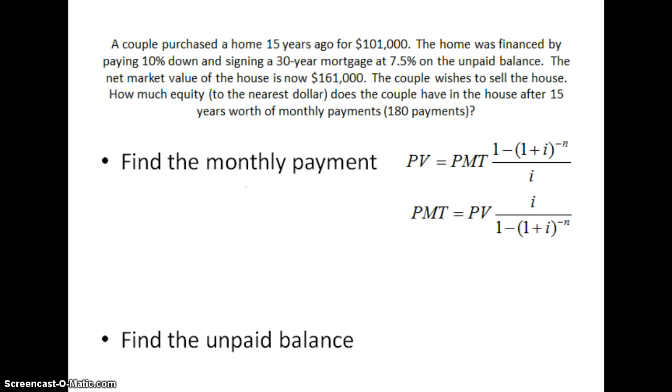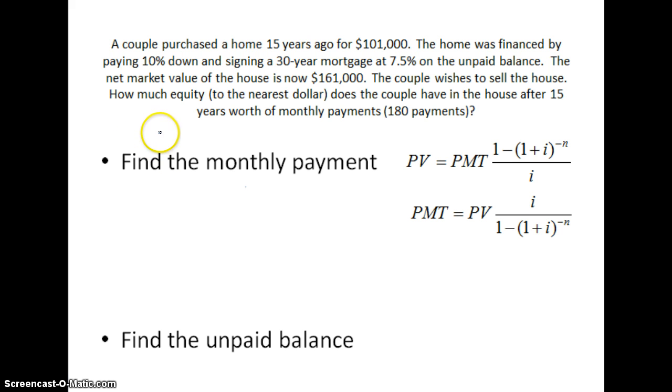The net market value of the house is now $161,000 and the couple wishes to sell the house. They want to know how much equity, to the nearest dollar, and they have made 15 years worth of monthly payments. So the first thing we need to figure out is what was their monthly payment.